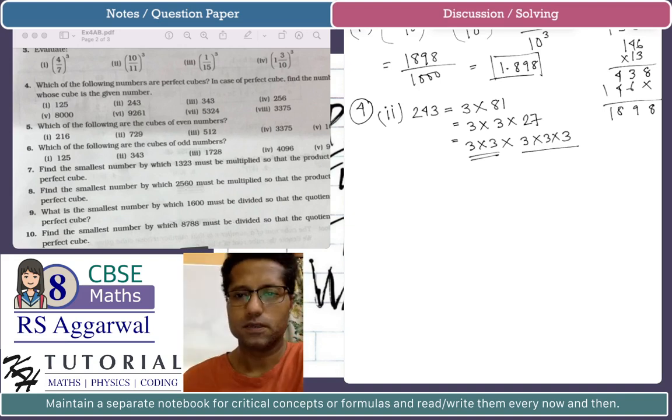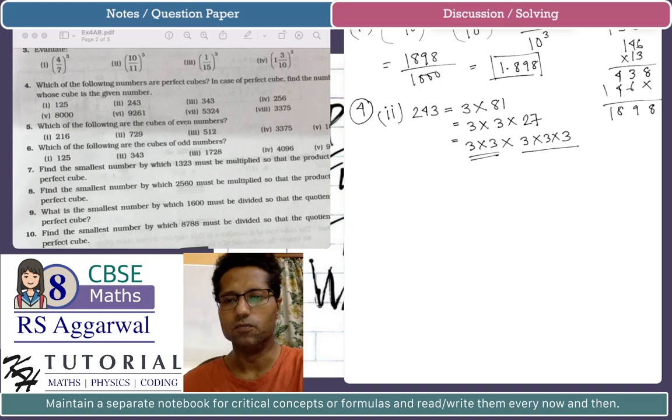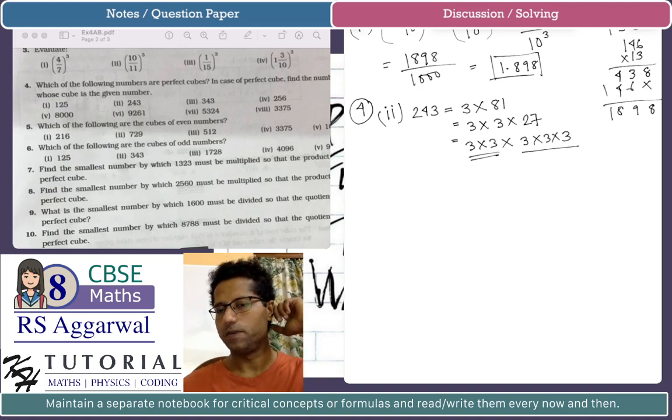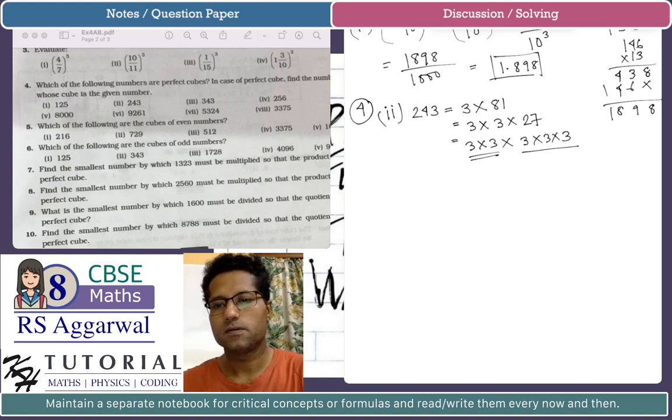So 243 is not a perfect cube, since there are prime factors left behind which are not part of any triplet.